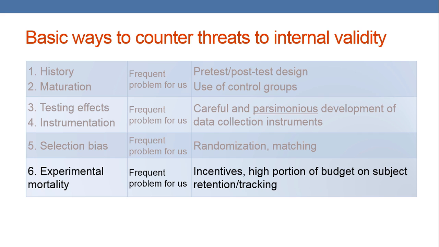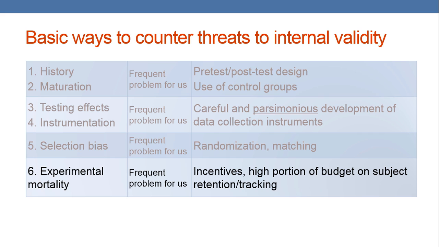Experimental mortality is something a lot of researchers use incentives for. In fact, I know some studies where the population they're studying is so difficult to pin down and keep engaged in a study that they spend a huge portion of their budget on incentives and engagement activity.